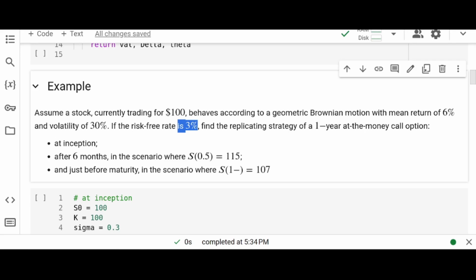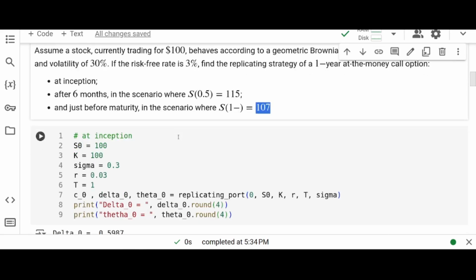Then find the replicating strategy of a one-year at-the-money call option at inception, that means when the contract is written; after 6 months, in the scenario where the price becomes 150 from 100; and just before maturity, when the time is closer to 1 year, in the scenario where the price becomes 107.